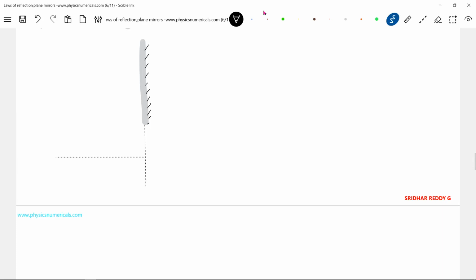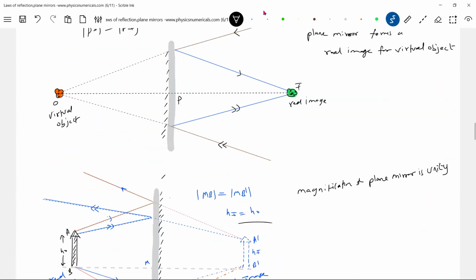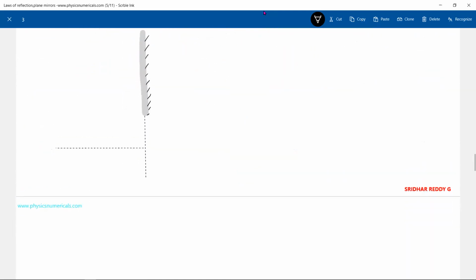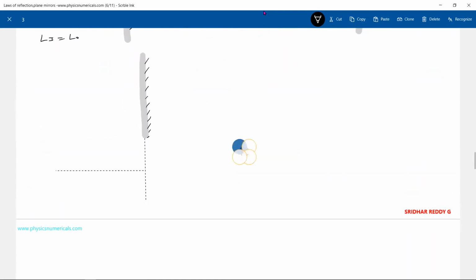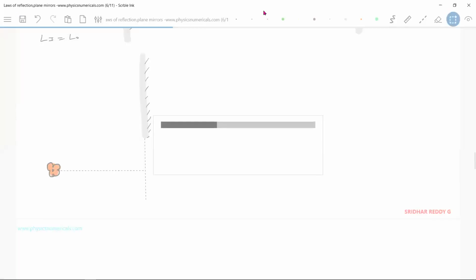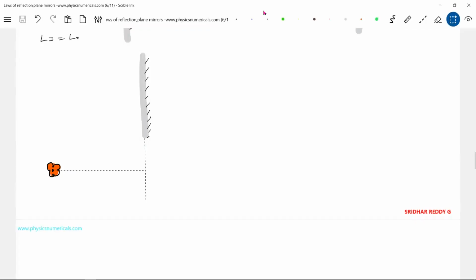So I'll keep that flower. Where is the flower? The flower is here. What about the position of the image? Look at the flower, which I placed somewhere below the edge of the mirror.